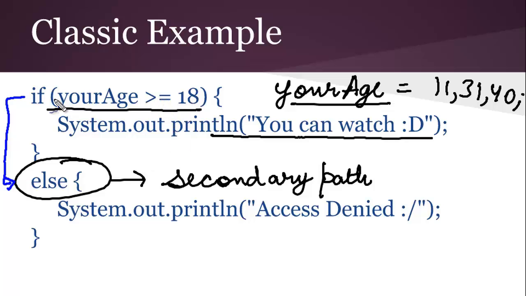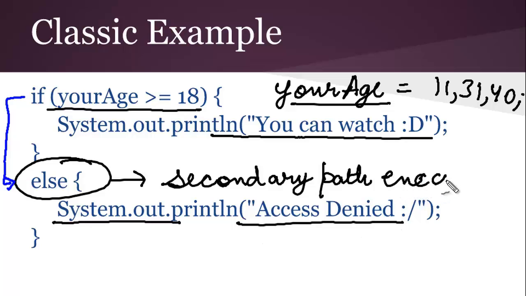If it is false, which means that your age is less than 18, the statement within else will be executed, and this particular statement, which is access denied, will be executed, which is also the secondary path of execution. Just ignore the spelling of execution here, or I'll rewrite it. This is the secondary path of execution, and it will print access denied.